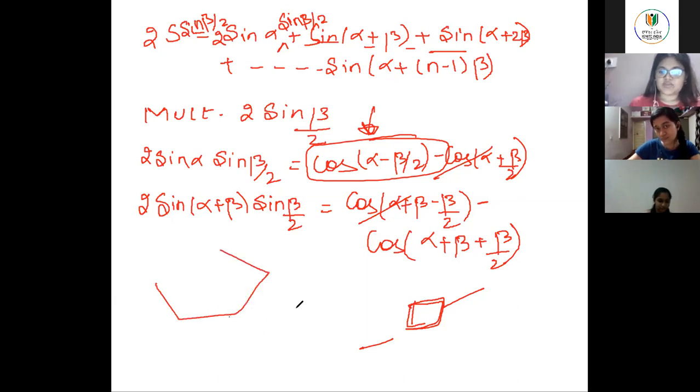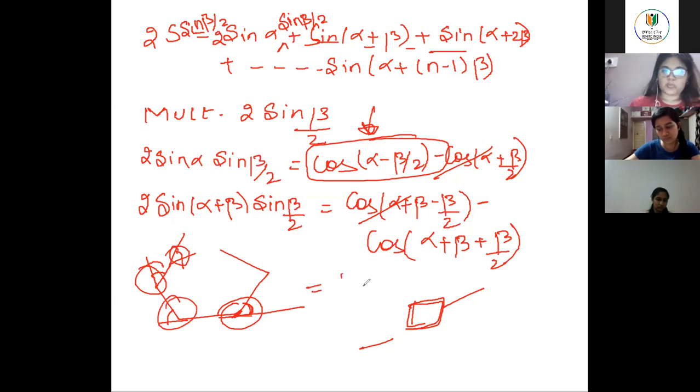If I draw a straight line here downwards, this is the exterior angle for this angle. Similarly, I can draw exterior angle here, here, and here again. So sum of all these exterior angles is equal to 2π.